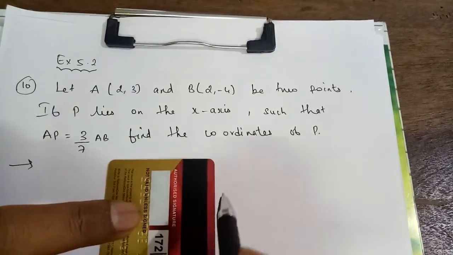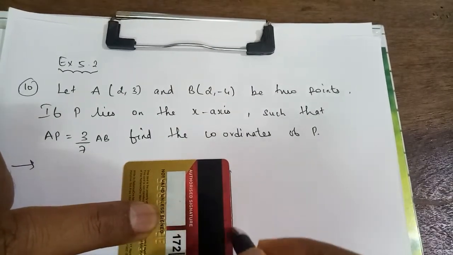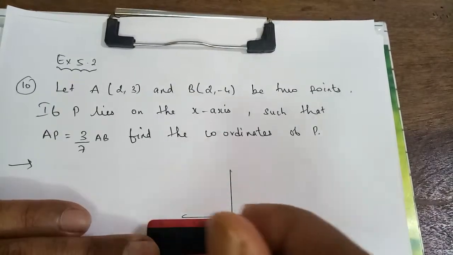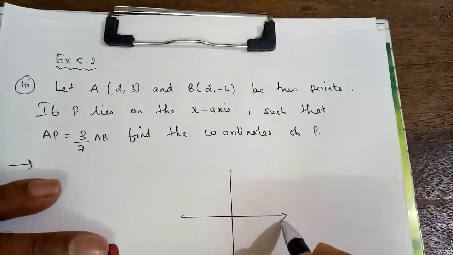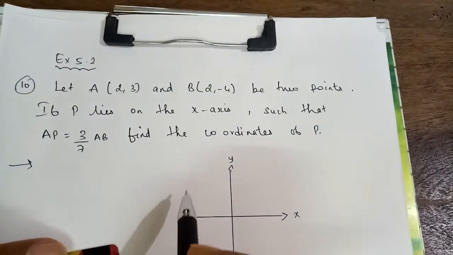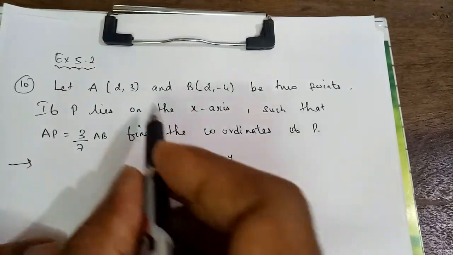Okay, so I'll draw a straight line here, the x-axis and y-axis. So this is our x-axis and this is our y-axis. Here the points A and B are given. A is (2, 3).